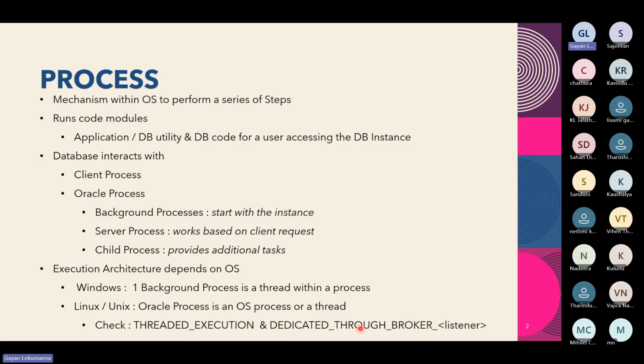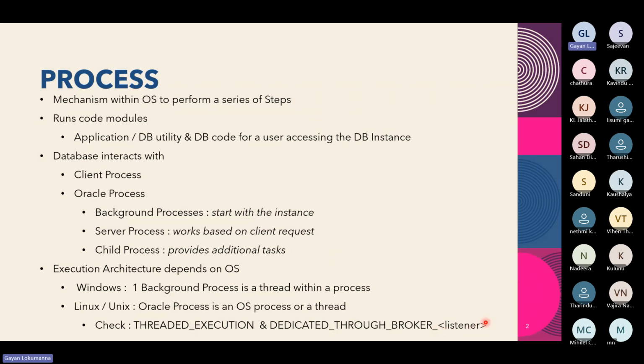So dedicated through broker is a parameter that you don't set at the database level, right? That's a parameter that you set in your listener.ora file. So if you are aware of listener, we will talk a little bit about listener later on today. But just keep in mind, this has to be defined for the listener also.